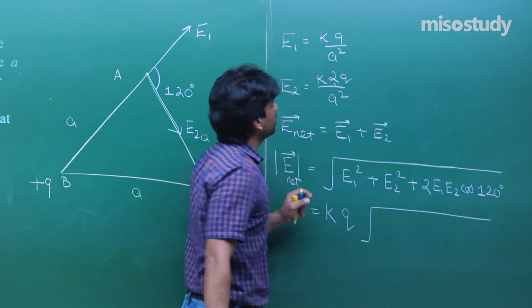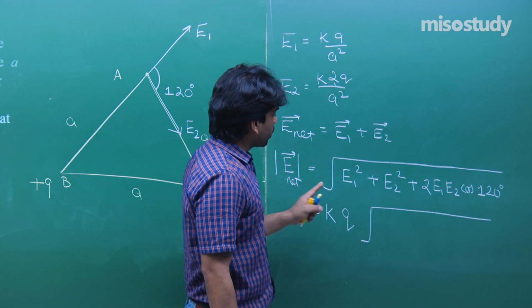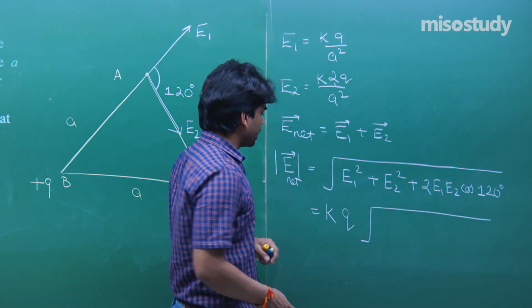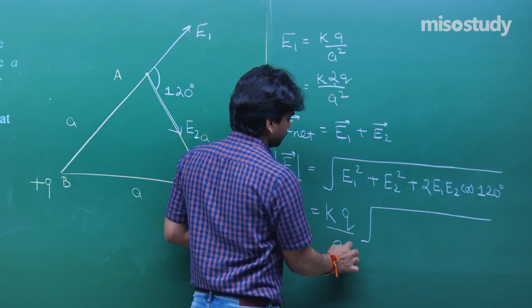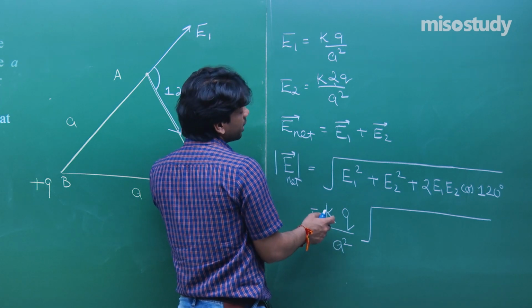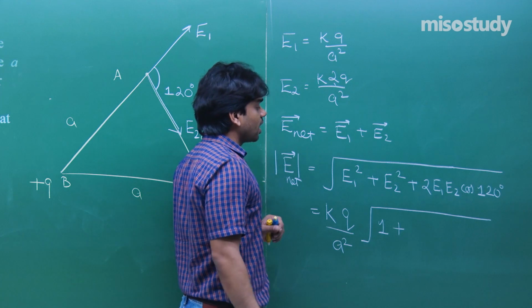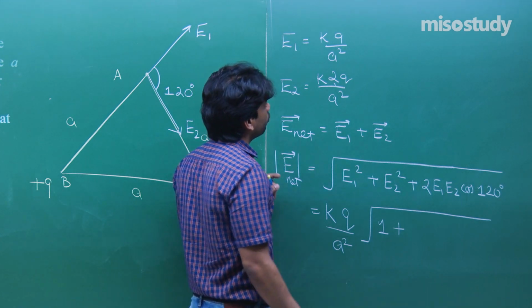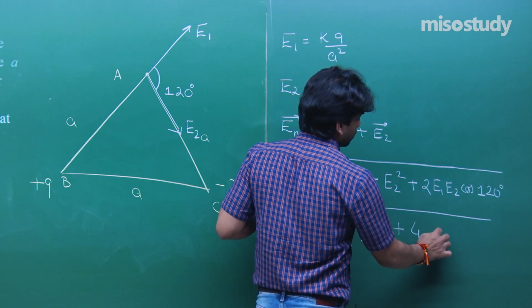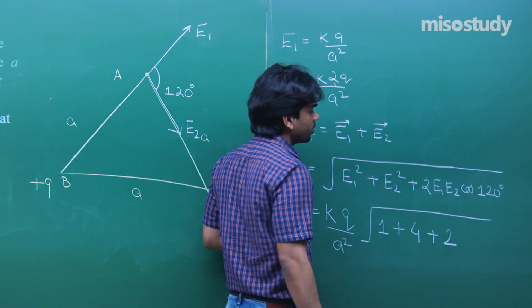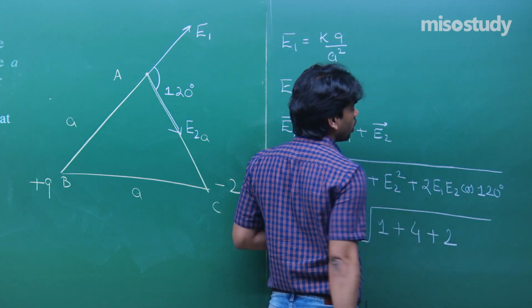Now inside also you see we are having a square, so a square is also common, you can take it outside. Now here you see you are having kq by a square, so this will be 1 plus, after this E2 whole square will give you 4, plus twice of E1 E2 cos 120.